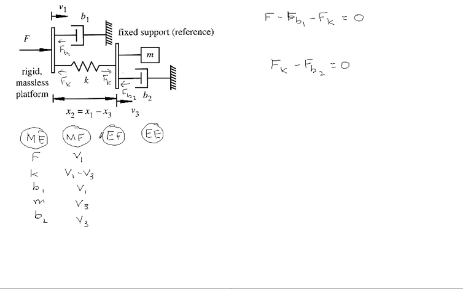In the case of the spring, the mechanical flow is V1 minus V3, whereas for the mass of the second platform M, the flow is V3, and as well as for the second damper B2, the mechanical flow is V3. The next step of inputting the electrical flow is very straightforward.